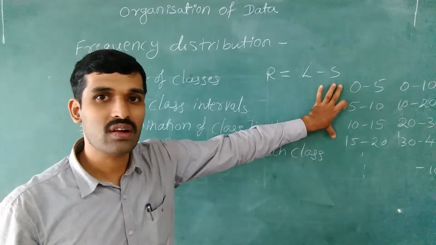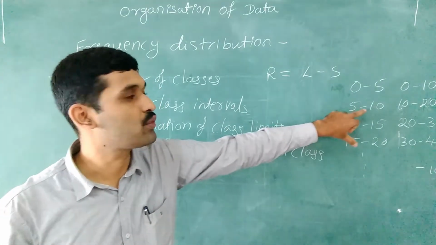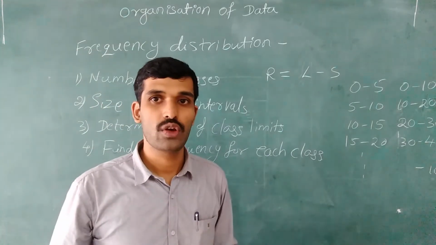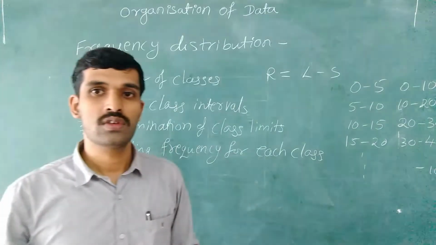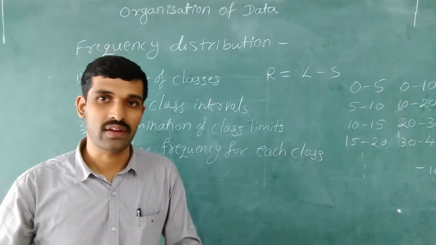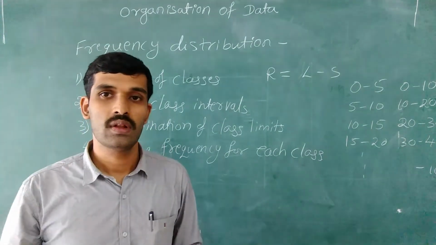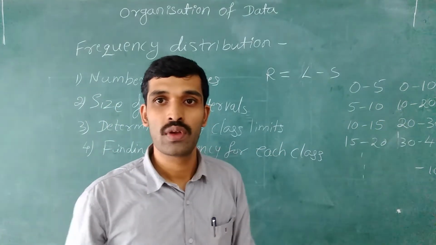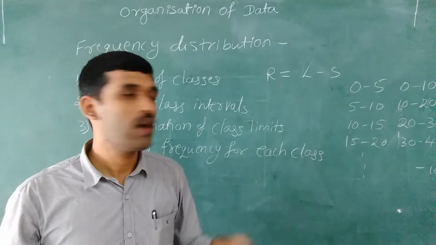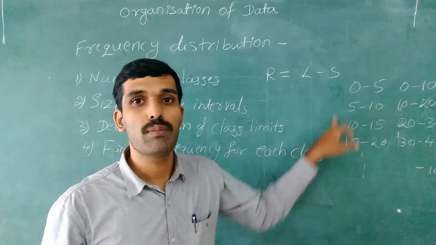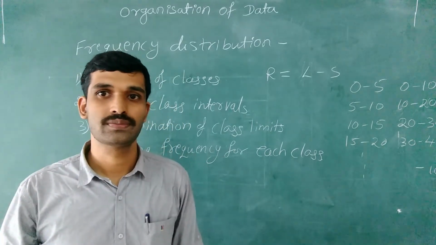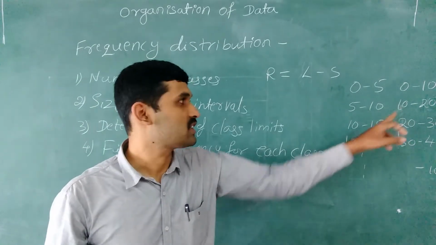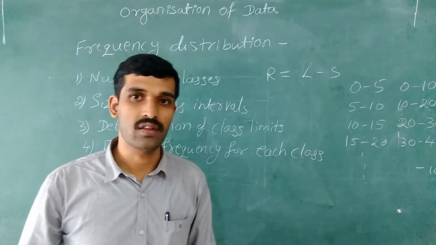If you take small class intervals like 0 to 5, 5 to 10, 10 to 15, 15 to 20, then the frequency distribution would look too large. Such distributions are not easy to handle, so we can take large class intervals like 0 to 10, 10 to 20, 20 to 30, likewise. If you take small numbers, there will be more classes. So it's better to choose large class intervals, so it's easy to handle.